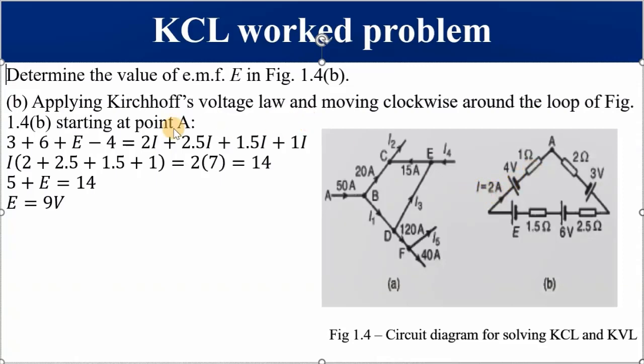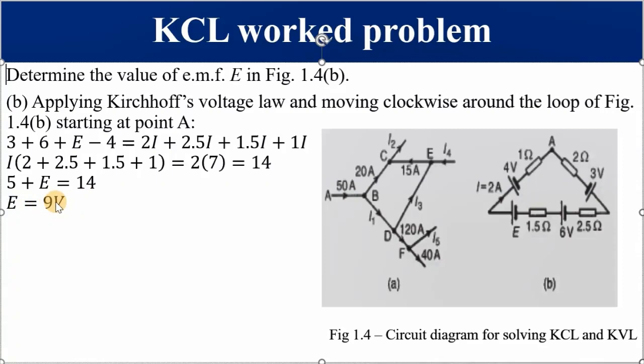So we are going to simplify this side since we've got all values. The sum of potential drops is 14. Hence, on this side, 3 plus 6 is 9, and 9 minus 4 is 5. So 5 plus this E must be equal to 14. The sum of potential rises is equal to the sum of potential drops. So our E becomes 9 volts.